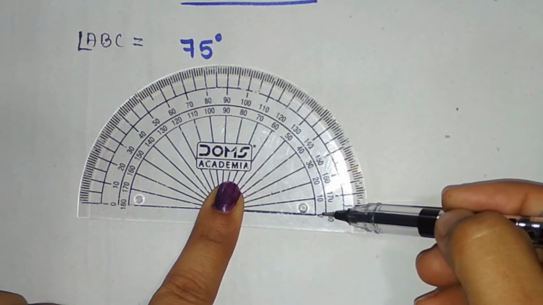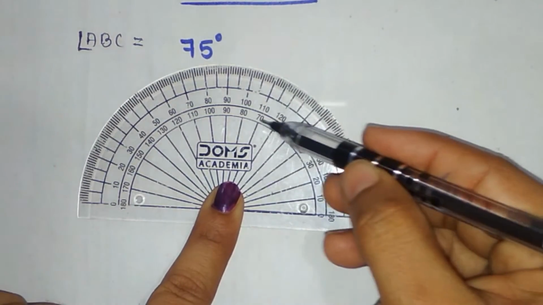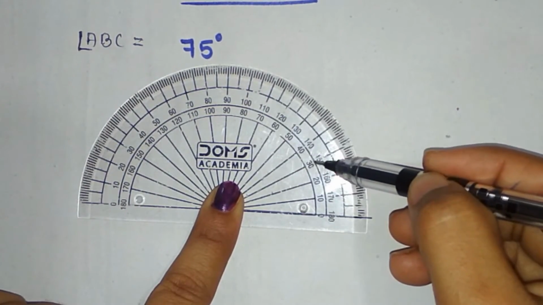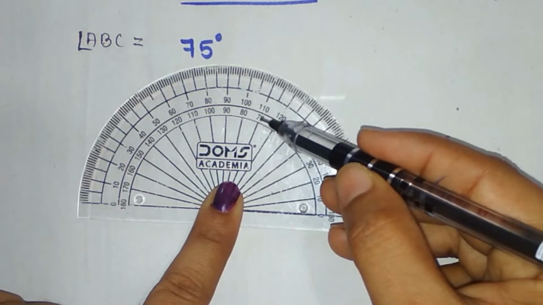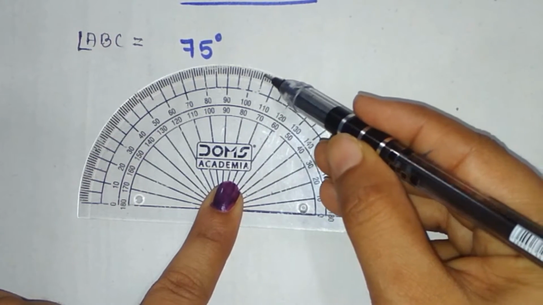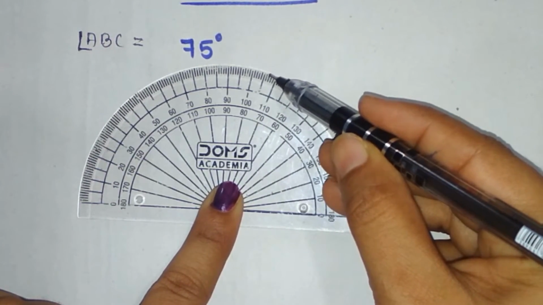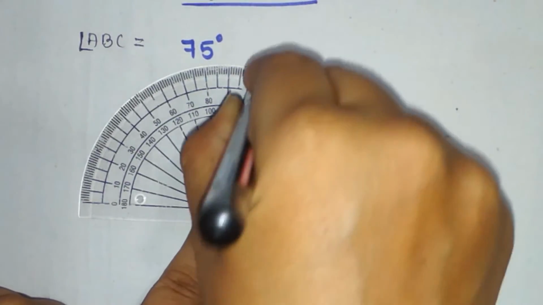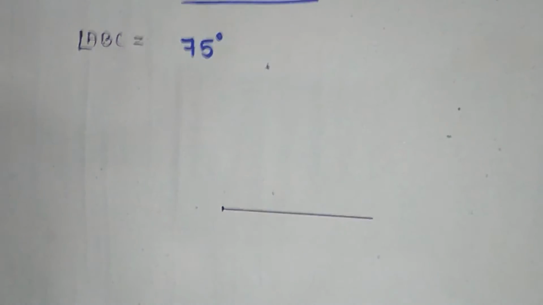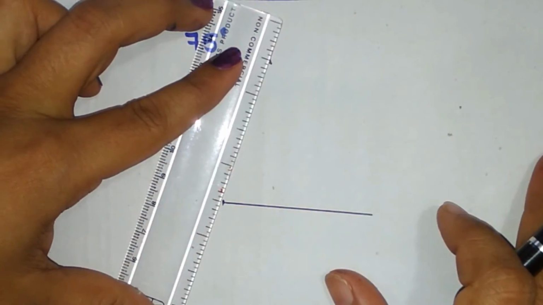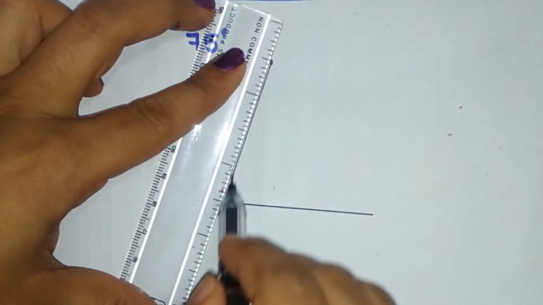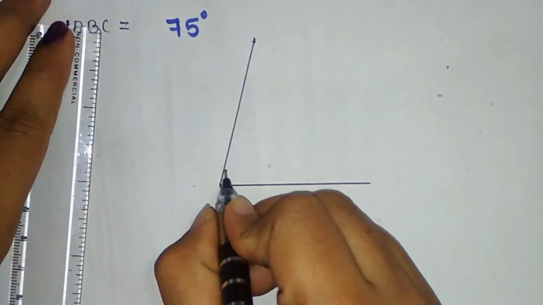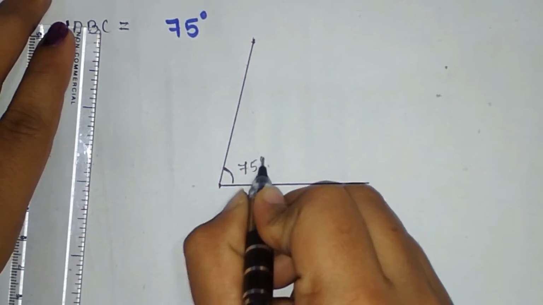We will start from the lower base because I am going to start from the right hand side. 0, 10, 20, 30, 40, 50, 60, 70, and after 70 we count 1, 2, 3, 4, 5. Here it is. After marking that point, we will join this point and the vertex. Here we got an acute angle of 75 degree.